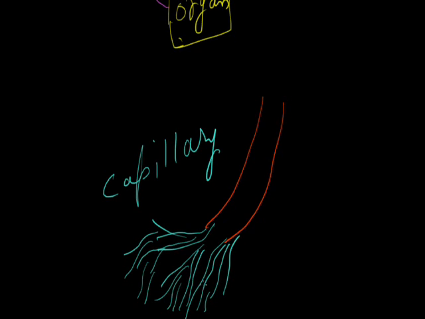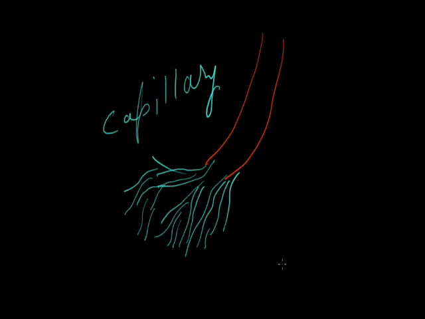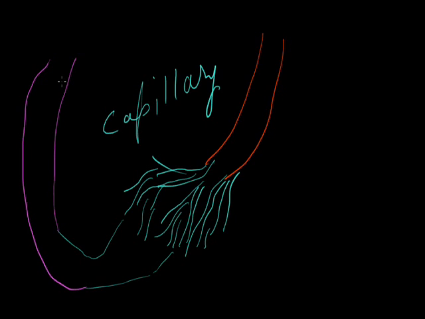Then these capillaries unite again and form the vein again. So this is the entire system I am describing, this is the vein and this is the artery.